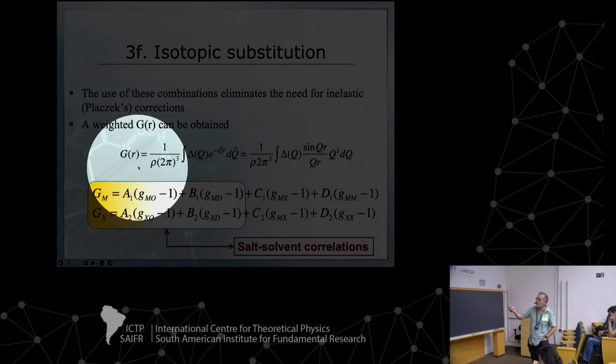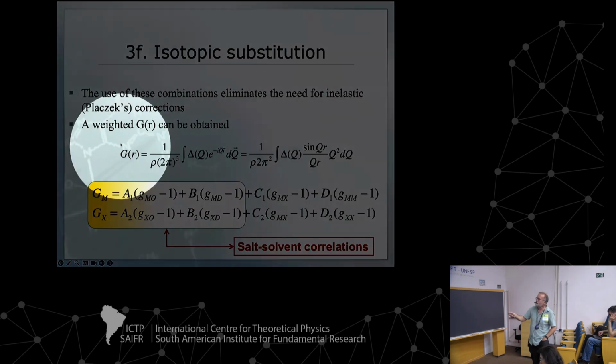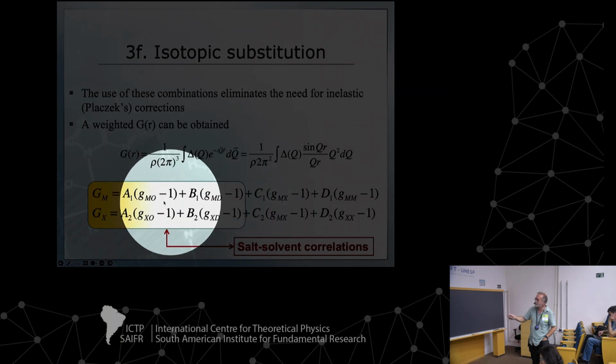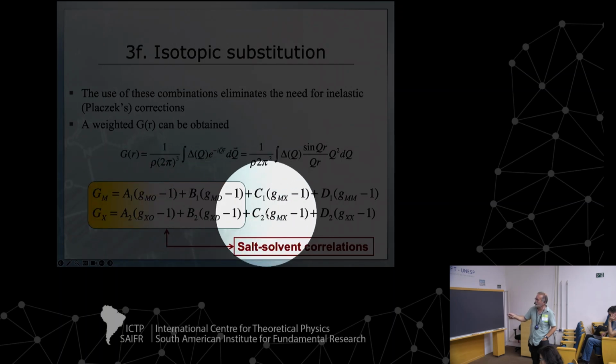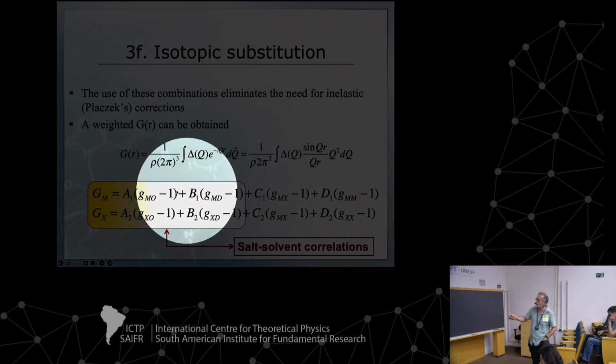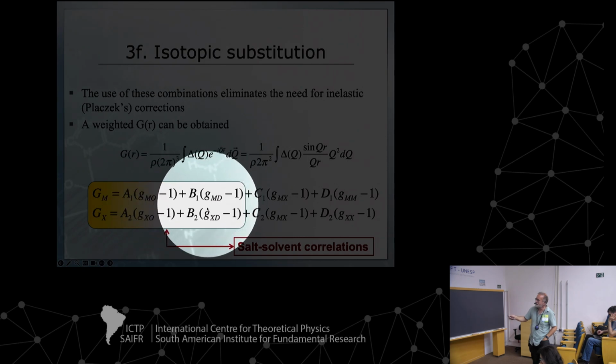These weighted functions, the g of r, are the ones you are getting. And these 2 functions are just, actually, this one, they have a common term. And here, these are terms that are salt-solvent correlations.